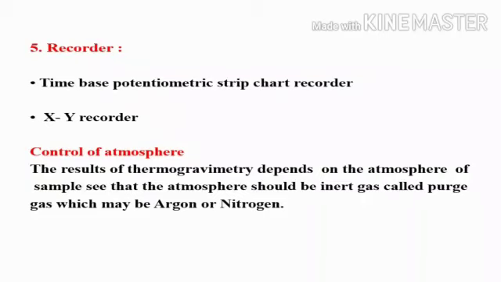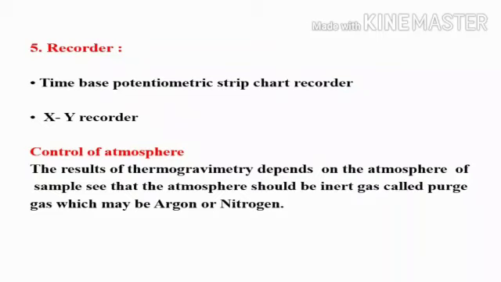One main advantage of these recorders is that one can check the heating rate of the furnace for linearity. In the XY recorder, we get a curve having a plot of weight directly against temperature. In most of the instruments, the normal mode of recording data for thermogravimetry is the weight change versus temperature or time.